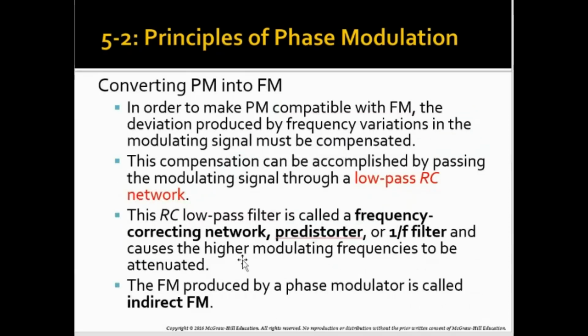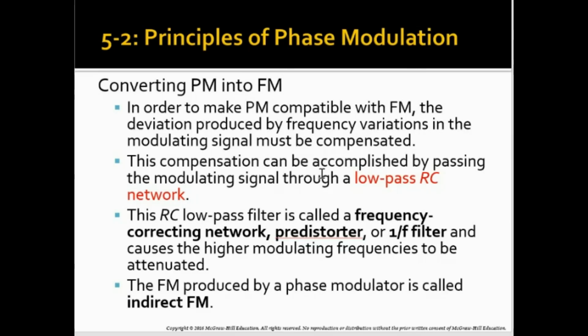So sometimes we convert PM into FM. In order to make PM compatible with FM, the deviation produced by frequency variation in the modulating signal must be compensated. So we need to remove those effects from PM, then PM becomes the same as FM.